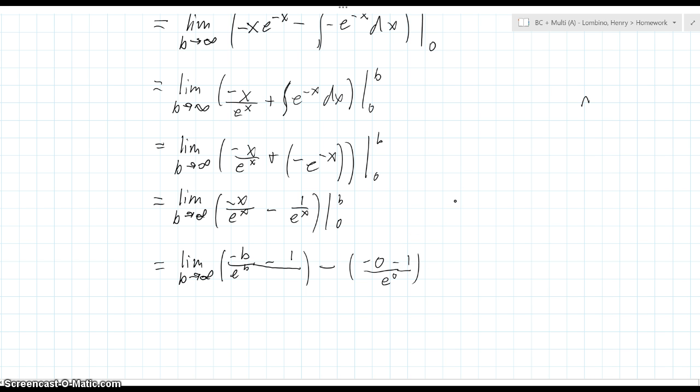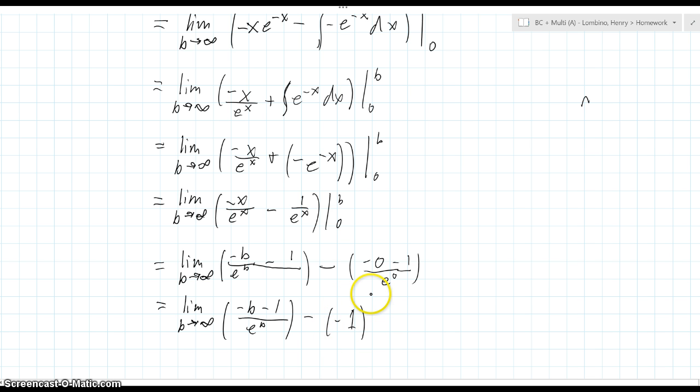So that's it. Now we plugged in b, we plugged in 0, and we subtracted from each. So now we can simplify this out, and we get limit as b approaches infinity of negative b minus 1 over e to the b, minus, and this turns out to be negative 1.